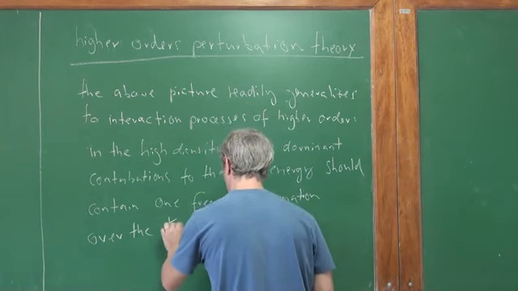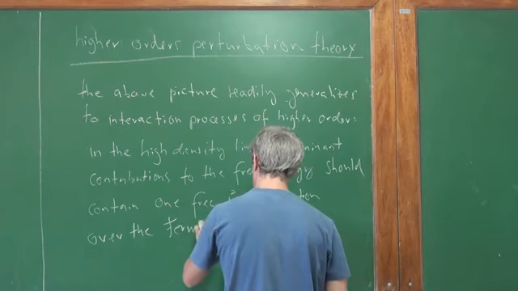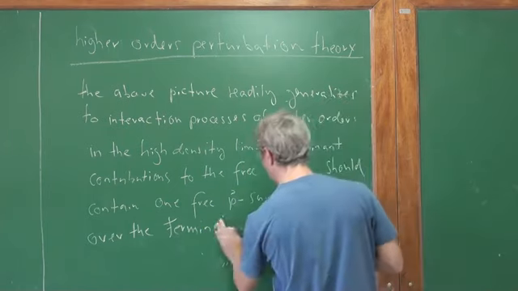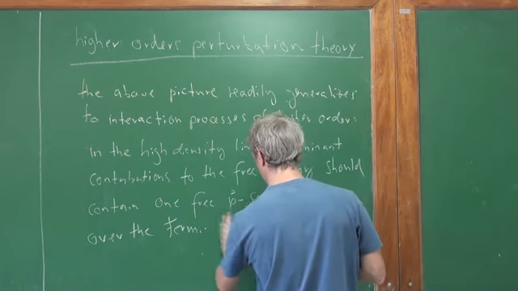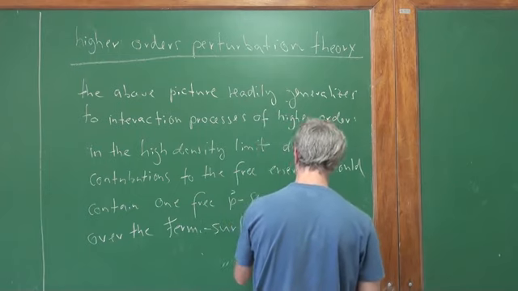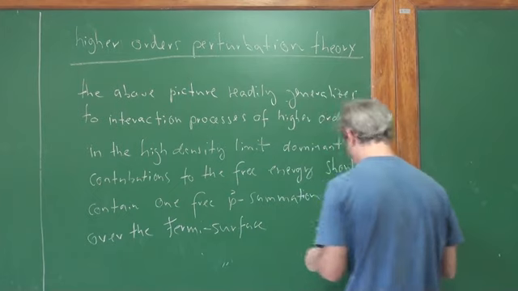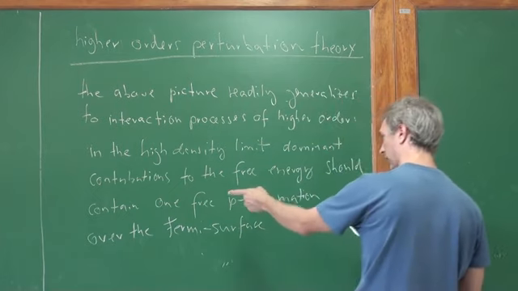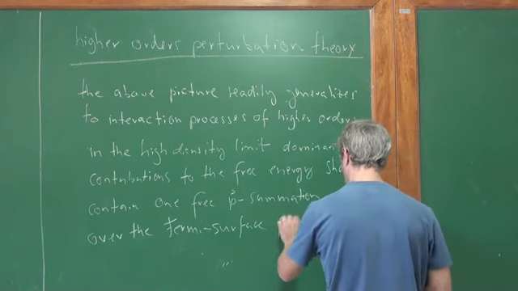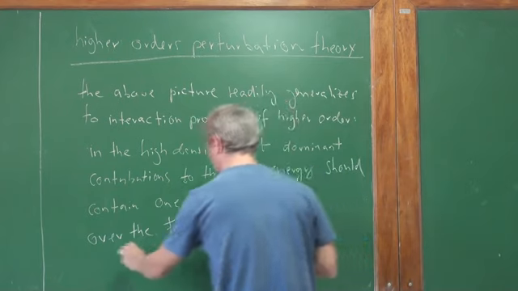That means in second order we want to have two independent summations over the Fermi surface, and in an nth order interaction process we want to have n independent p summations. Okay, one free p summation over the Fermi surface per interaction process.